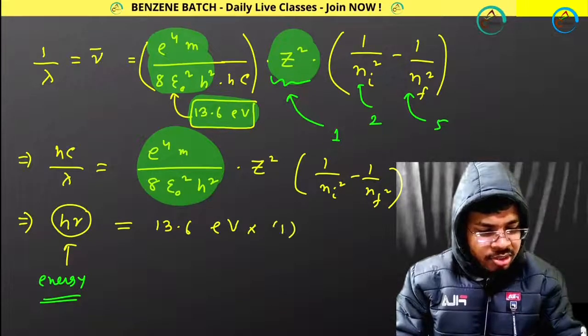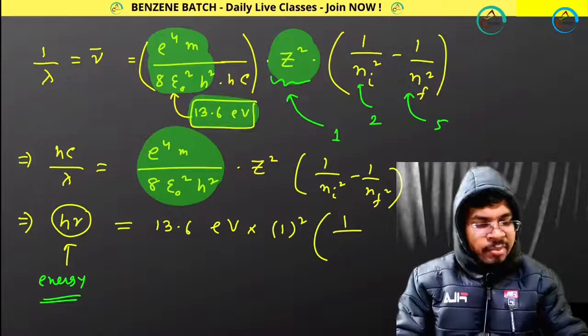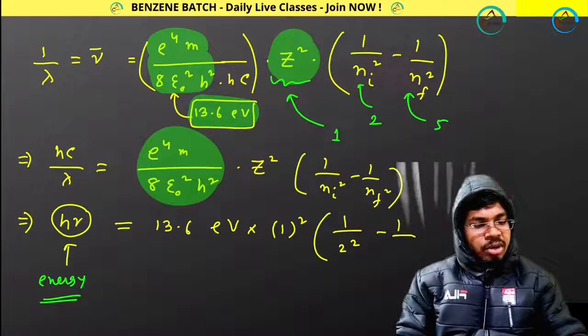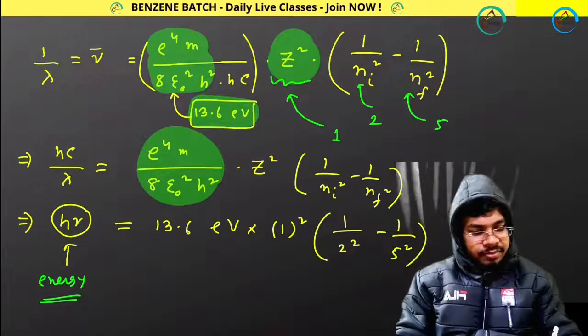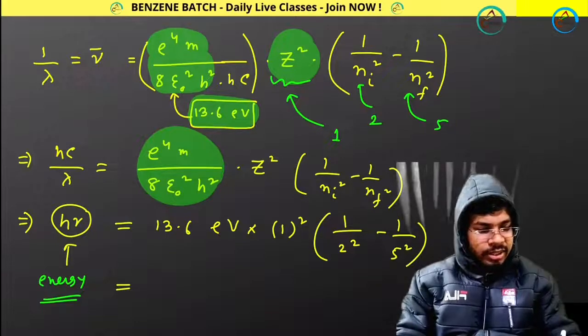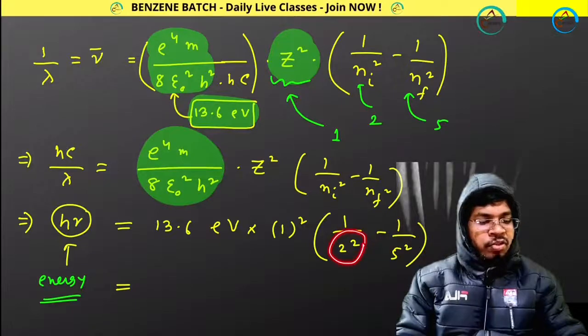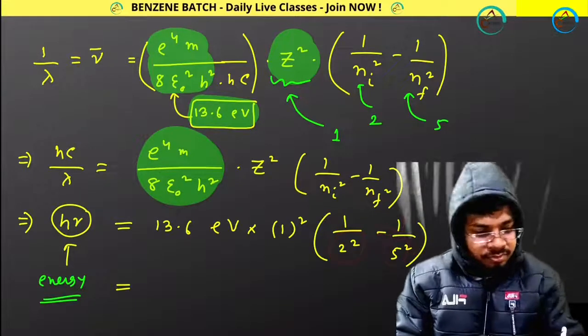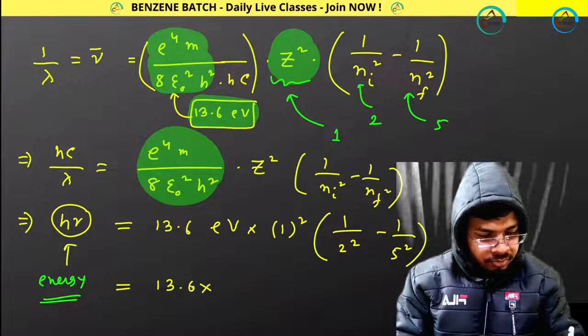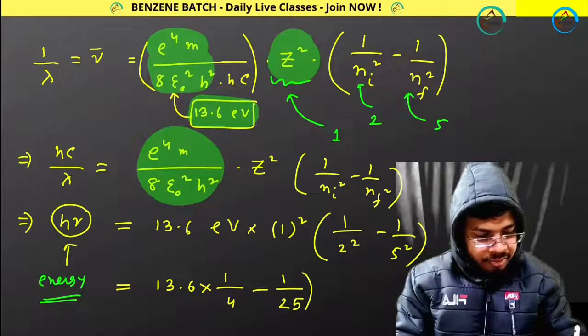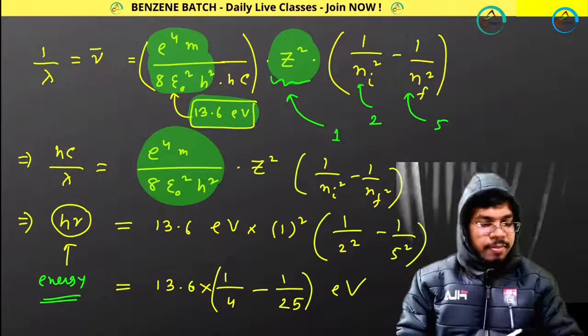So I can easily put the value equal to 13.6 electron volt. Z value is 1 square, 1 by ni means 2 square, minus 1 by nf means 5 square. Therefore your energy will be 13.6 multiplied by 1 by 2 square, that is 1 by 4, minus 1 by 25, electron volt.